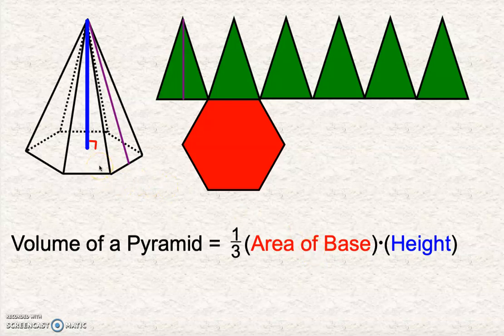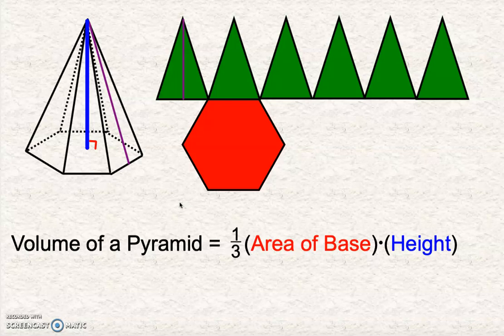We fill the pyramid with the same base and height up with water, and we count how many pyramids it takes to fill up that prism, and it will turn out to be 3.